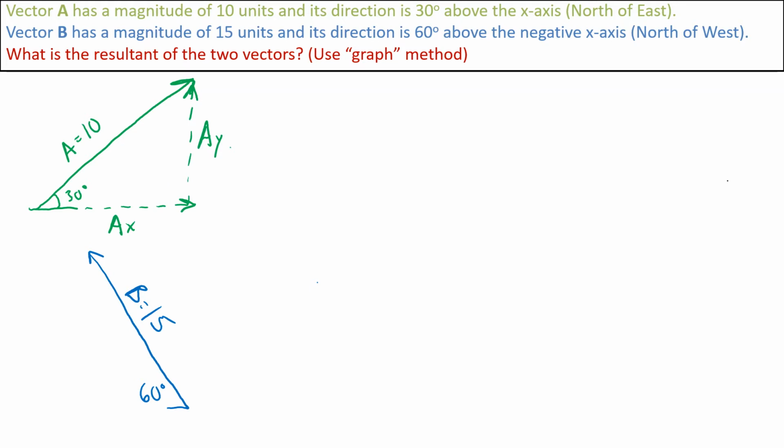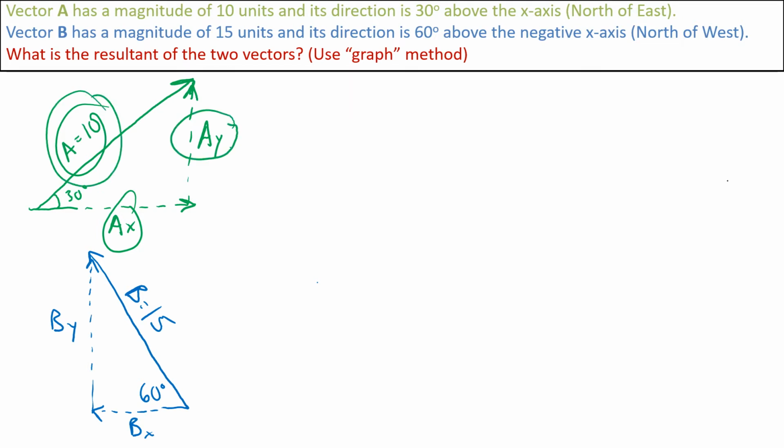I'll draw the Bx and By. So far so good. We're basically just doing two component problems. So I'm going to use cosine to find Ax, because this is adjacent over hypotenuse, and I'll use sine, this is opposite over hypotenuse, to find Ay. I'll do the same thing for Bx and By, and I'll just write in the numbers.